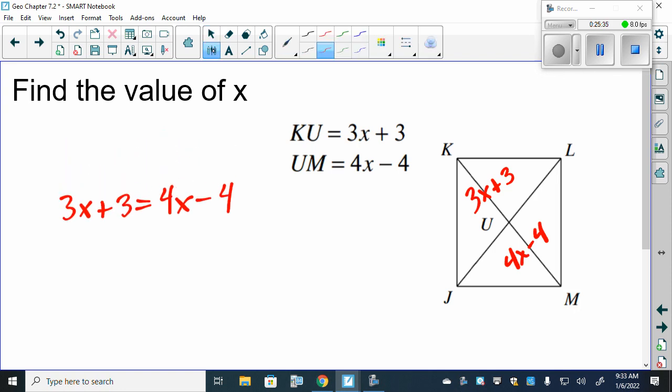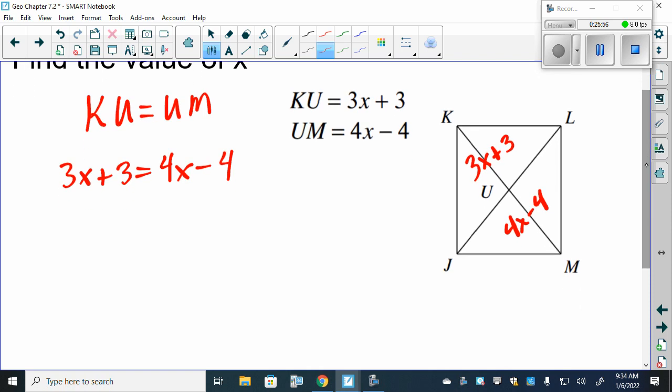Realistically, if we were doing this mathematically rigorous, we would actually just say that KU is equal to the other segment by definition. KU is 3x plus 3, the other is 4x minus 4, by the definition of, or property of substitution. Then we can actually solve, but it doesn't really change much. What can we do first? Unfortunately, we can't subtract because they're on opposite sides of the equal sign. We can add 4 to both sides, yes.